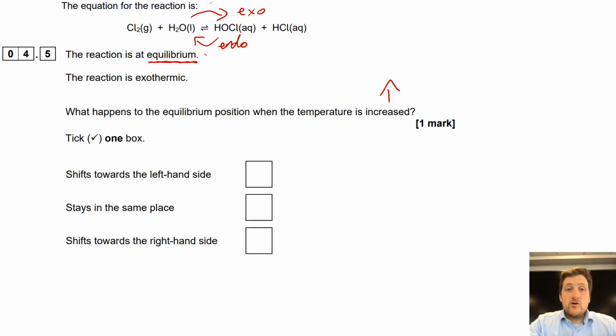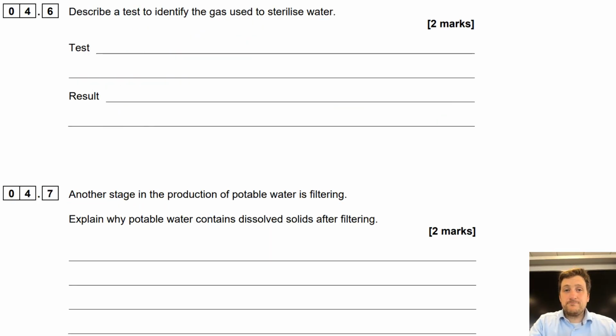Because dynamic equilibrium in Le Chatelier will tell us that if we increase the temperature, the reaction will try to mitigate that increase and reduce the temperature. So therefore, if we are increasing the temperature, it's going to try and decrease the temperature, which is our endothermic reaction. And again, we've already drawn that arrow to show the direction of the endothermic reaction, and that is the direction the equilibrium position will move. It will shift to the left-hand side.